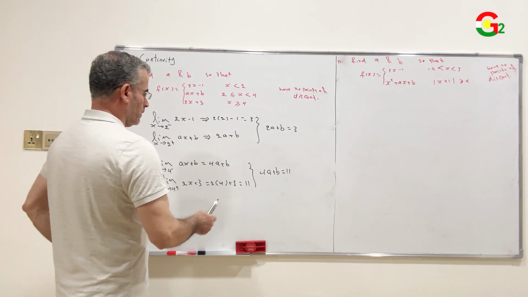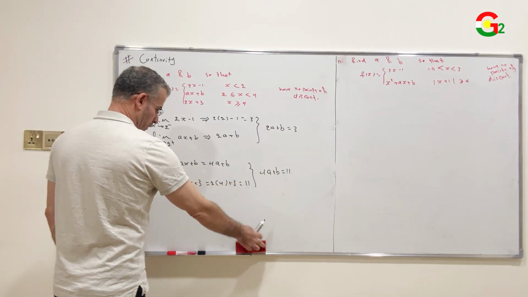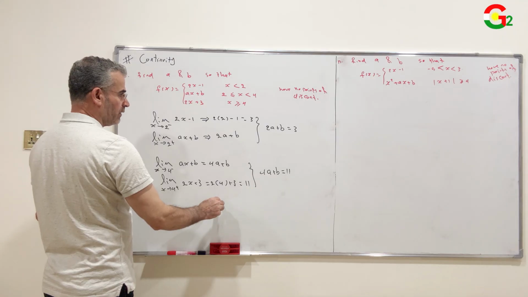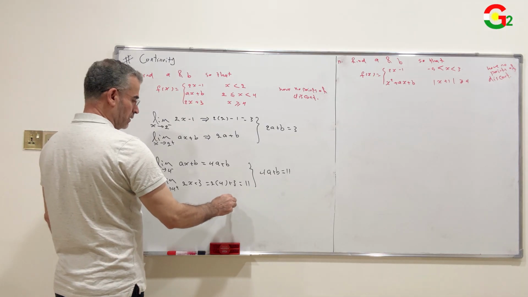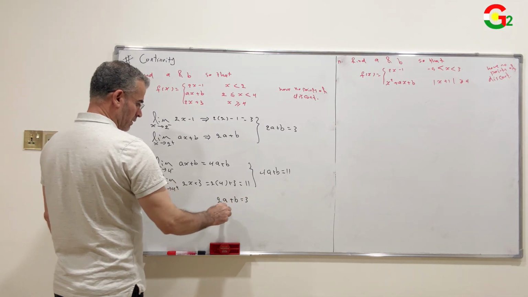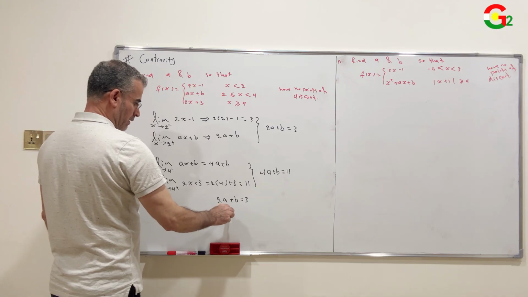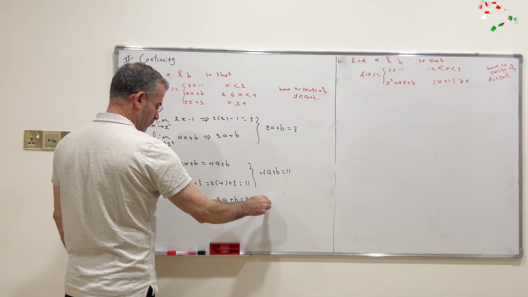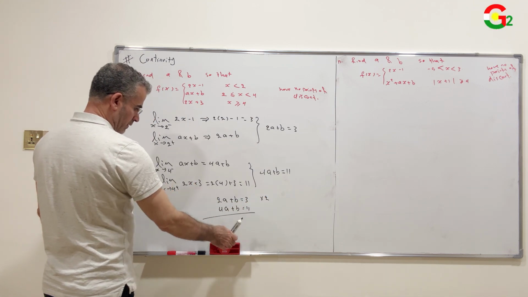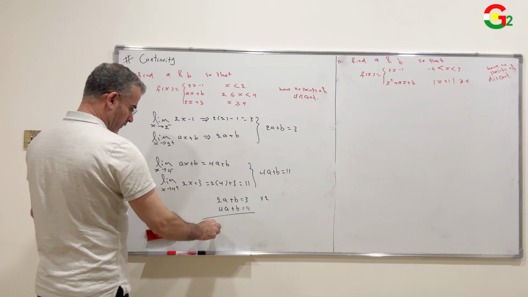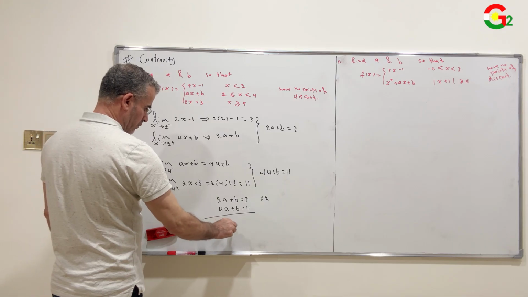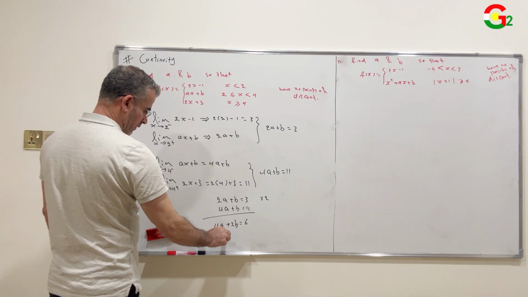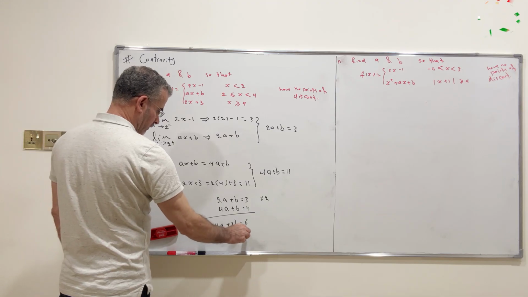Now, we have two equations with two unknown constants. I can solve them to find the values of the constants. 2a plus b equal 3, and 4a plus b equal 11. Multiply the first equation by 2: 4a plus 2b equals 6, and the second one is 4a plus b equal 11.